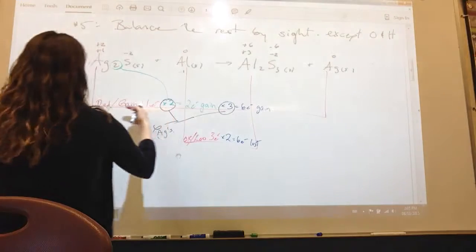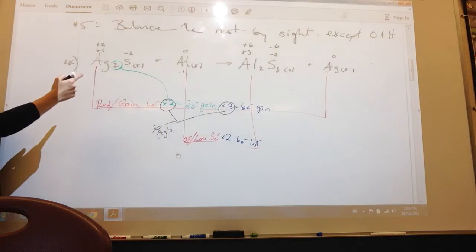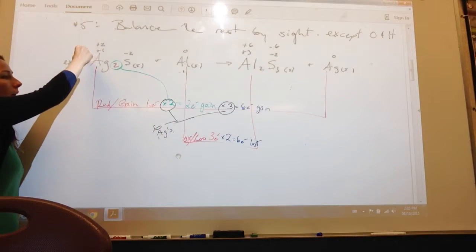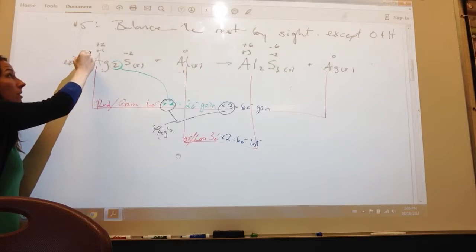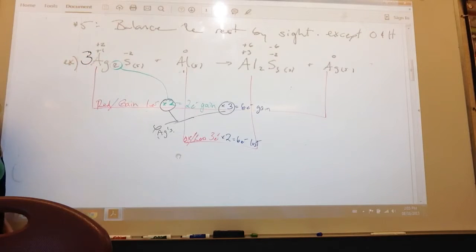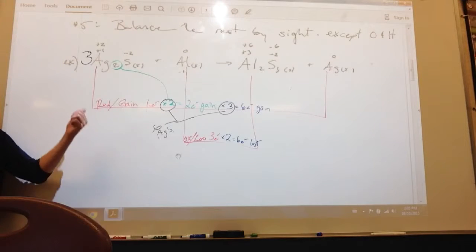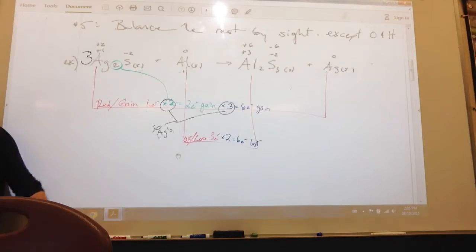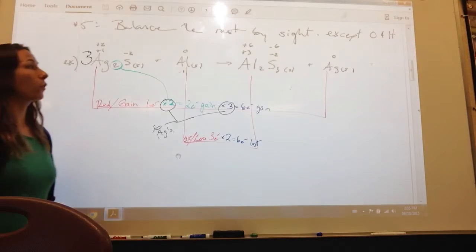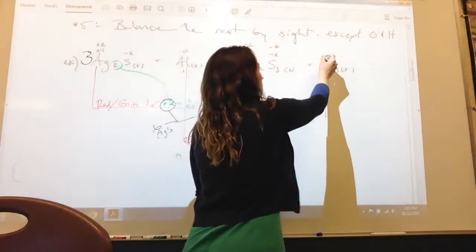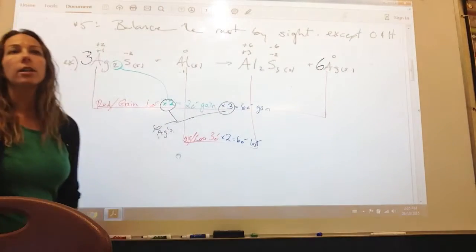So following that bridge up, I can find my first Ag. And I need 6 of them, so that means I need a 3 here. 3 and 2 is 6. Okay, my goal is to get 6 Ags, 3 times 2. Over here, my goal is to get 6 Ags.